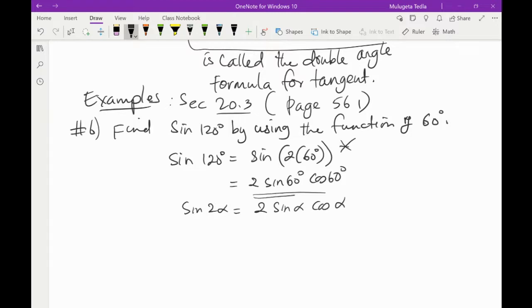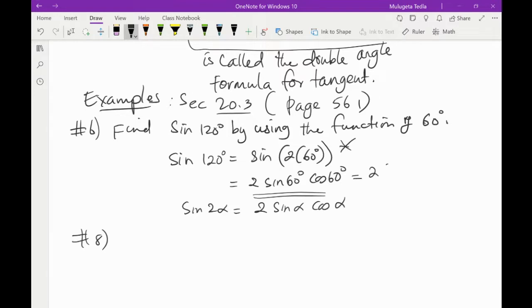They don't even want the number for sine 120. If they wanted sine of 120, you could just plug 120 into the calculator. What they want is a relationship between sine 120 and the product of sine 60 and cos 60, times 2. Number 8, find cos 60, or maybe find sine 120.